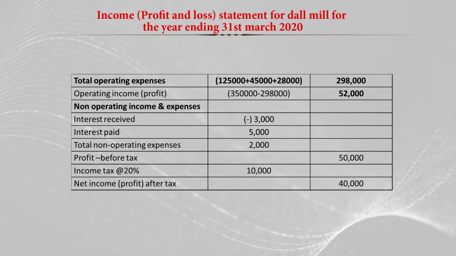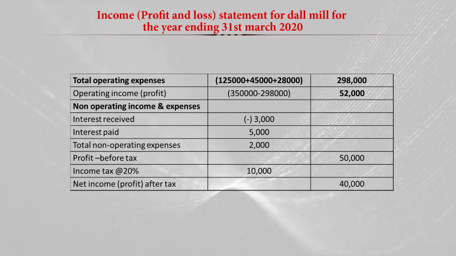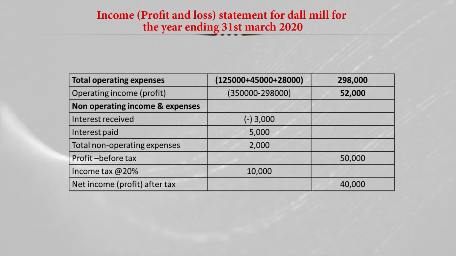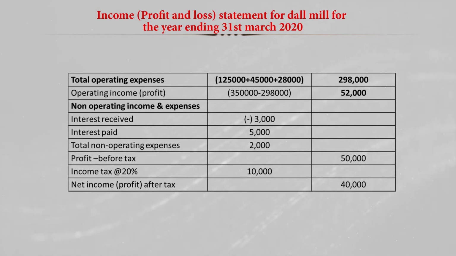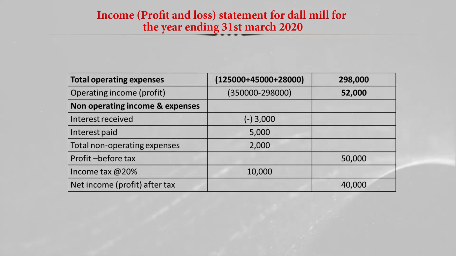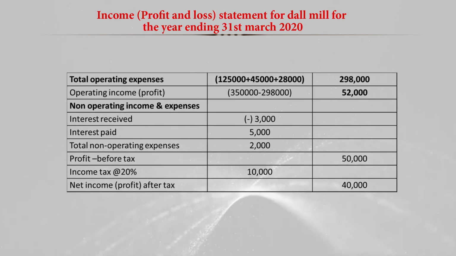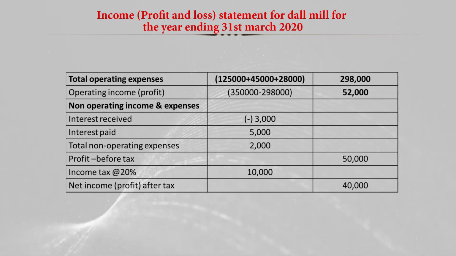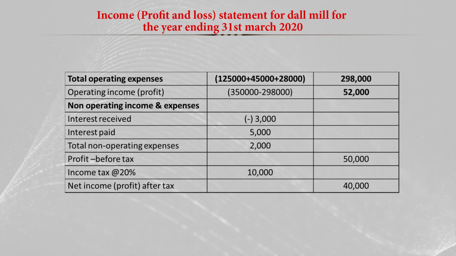And for calculating the net operating income and expenses, we have the interest payment of 3,000 rupees. Then we have the interest paid of 5,000 rupees, and then the total comes to 2,000 rupees. So profit before tax comes to 50,000.